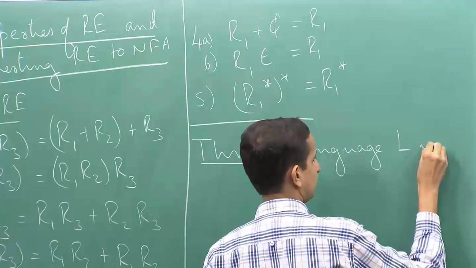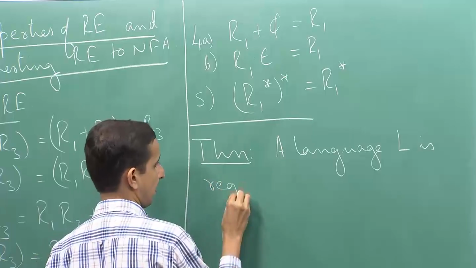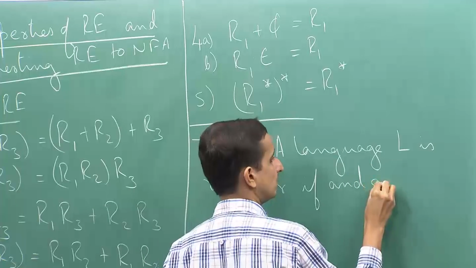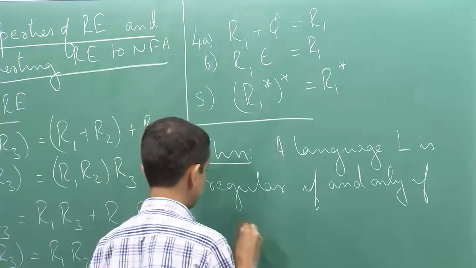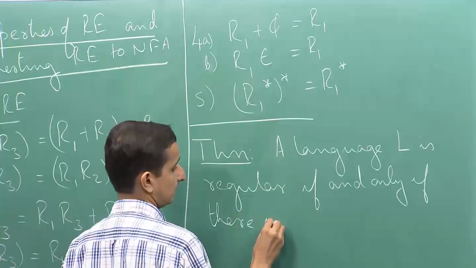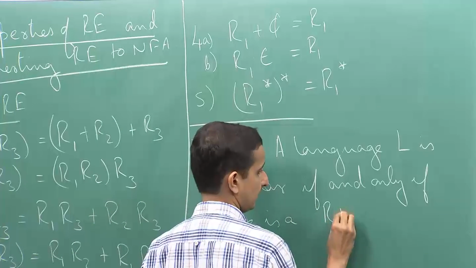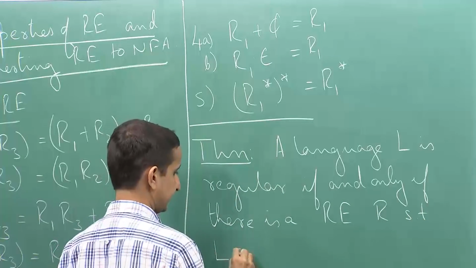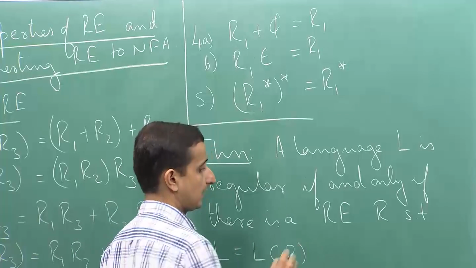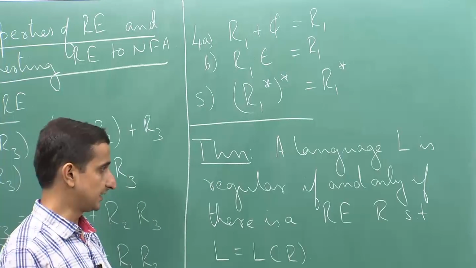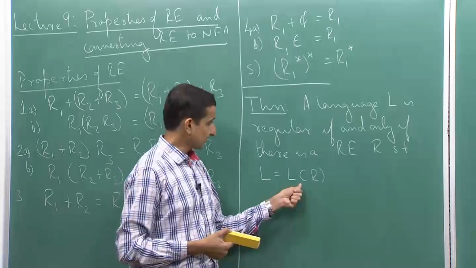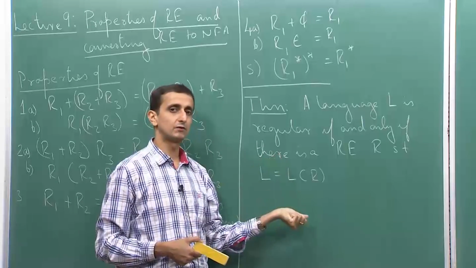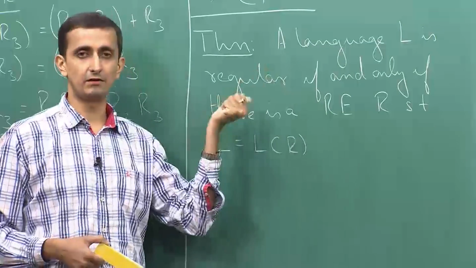A language L is regular if and only if there is a regular expression R such that L equals L of R. Basically, if I take a regular language, then there is a regular expression for it, and every language for which we have a regular expression is a regular language.